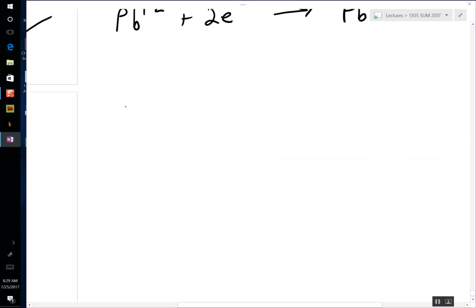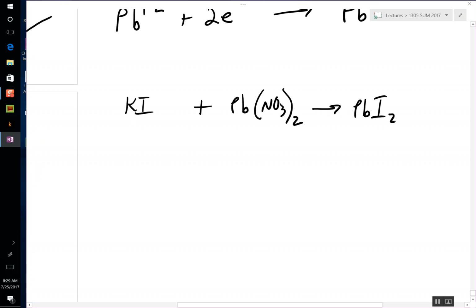Well, a precipitation reaction, and the example we've used the most is this one. This was also in the lab. If you look at this equation, everything starts out with a +2 charge. How do I know that? That's a -1.